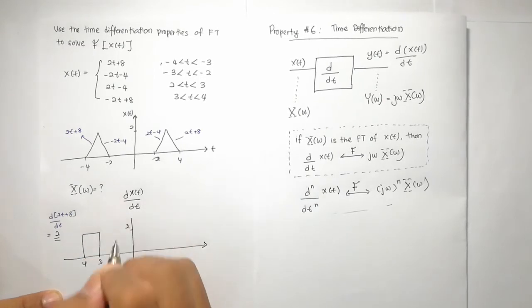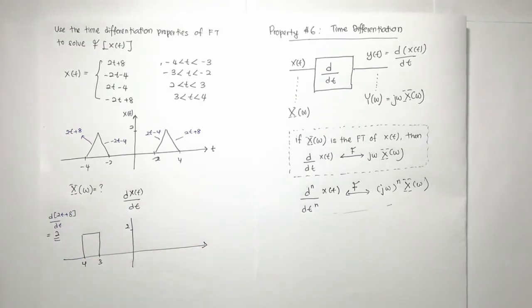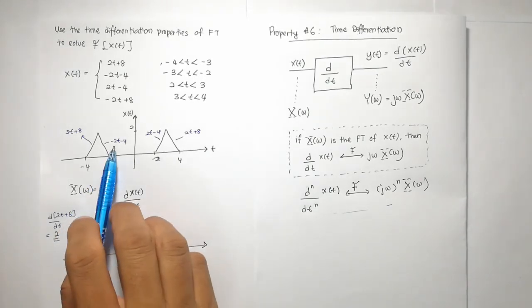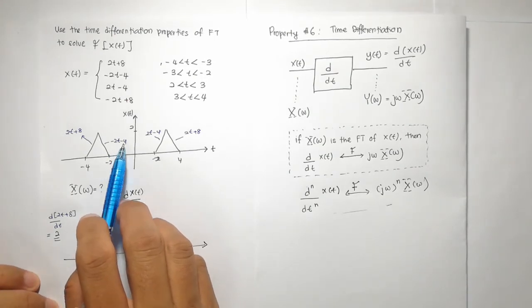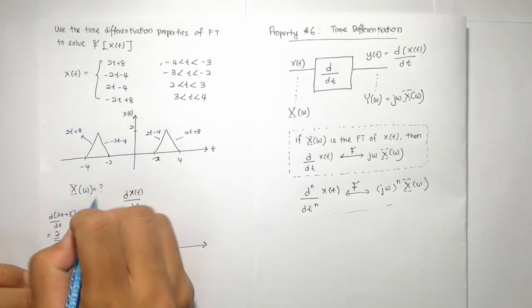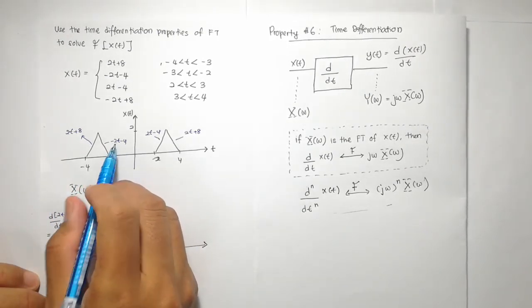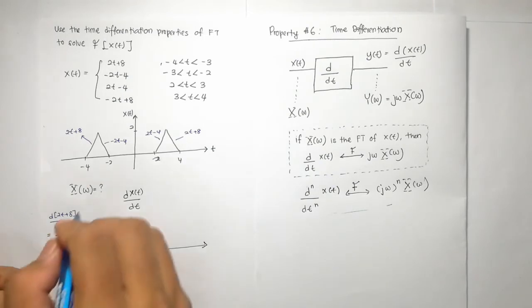For the next one, negative 2t minus 4, same thing when we differentiate this. We will have negative 2 because the differentiation of negative 4 is equal to 0, and the differentiation of negative 2t will be negative 2.